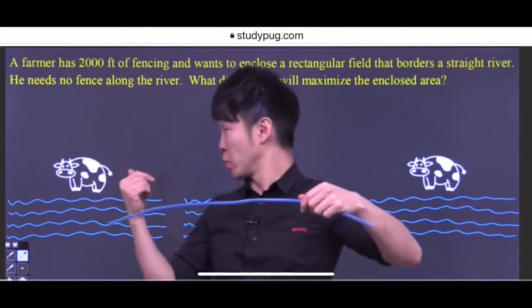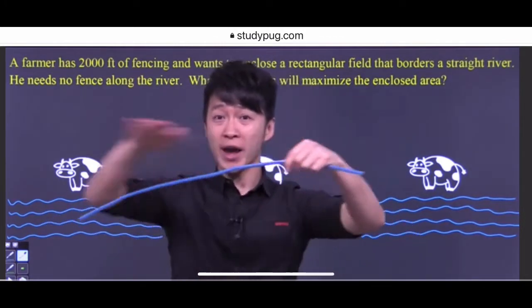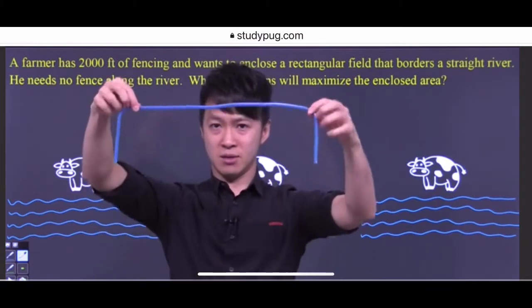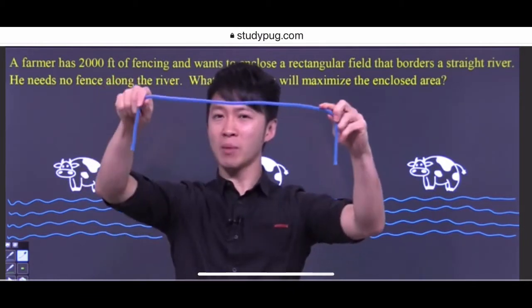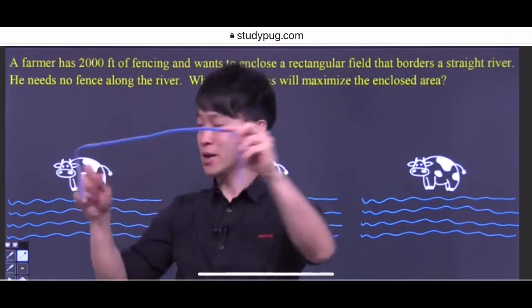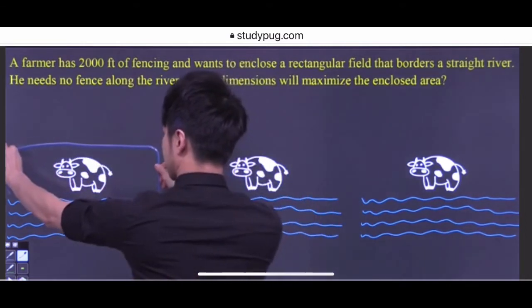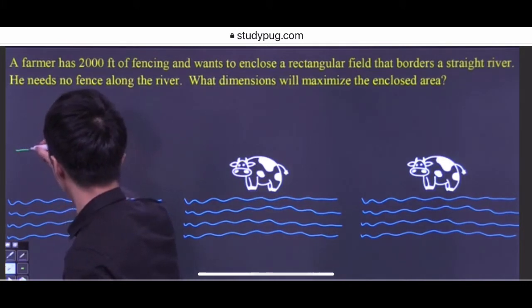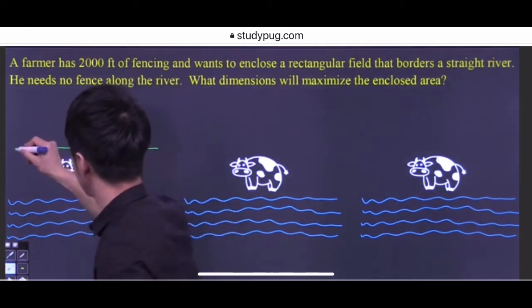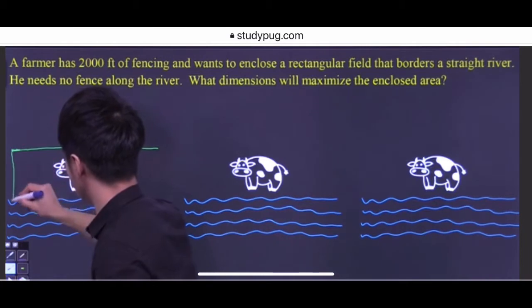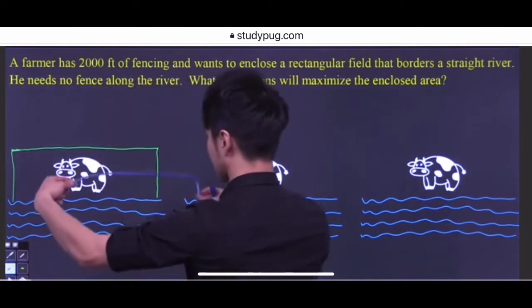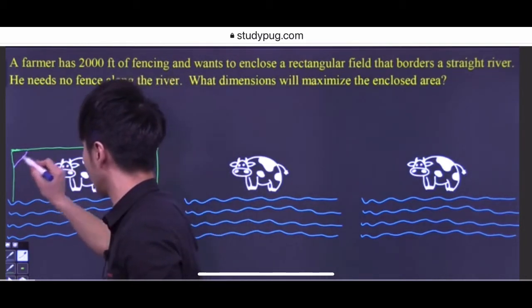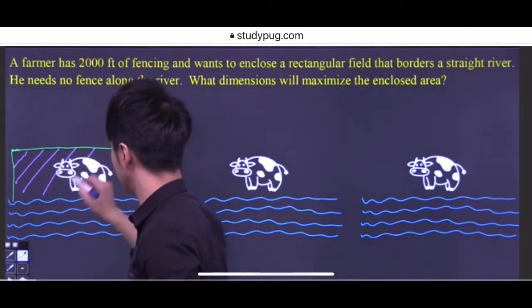So the farmer can build a rectangular field that's very wide up top and very shallow along the sides, something like this. In this case, we'll get an enclosed area like this.